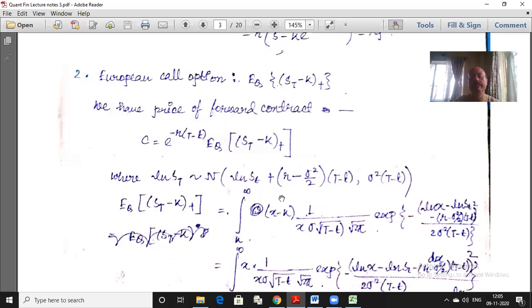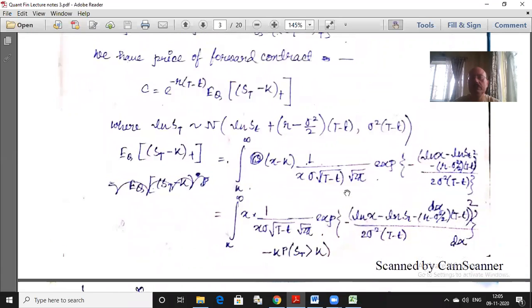And what is the change? The change will be given by this. And the volatility is proportional to the time interval. Here it is capital T minus small t. And the rate is taken as sigma square. So is the log normal familiar? Yes, sir.